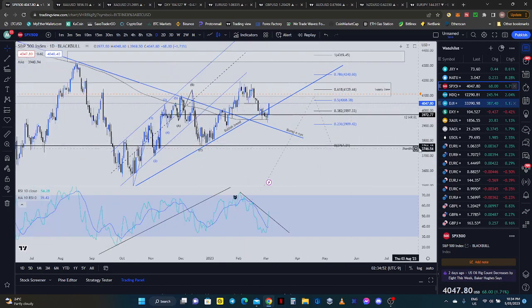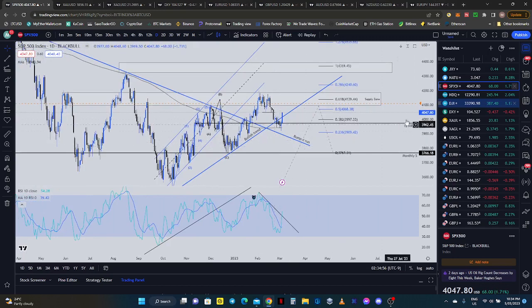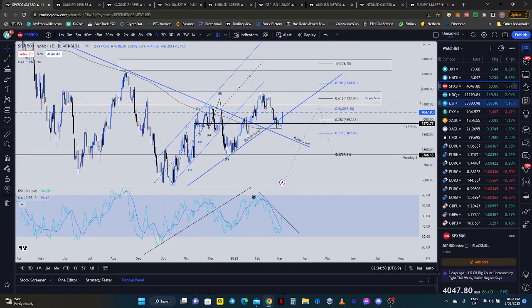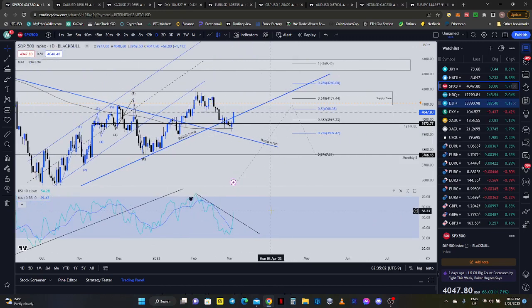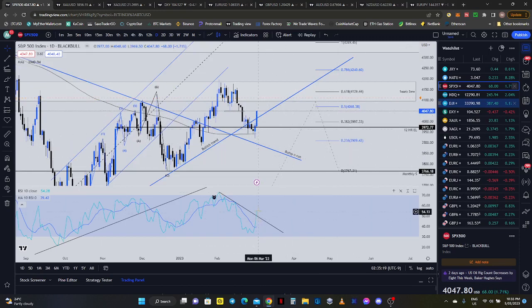Anyway, what am I looking at? Basically we're hitting the daily resistance here on the RSI trend line, right? Just broken through it. And the next level I'm expecting is 4063. All right, it's a former EL on the lower time frame. If we push straight up to 4063, then I can see a rejection and coming down.